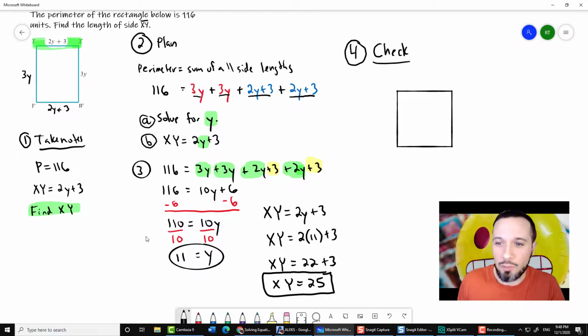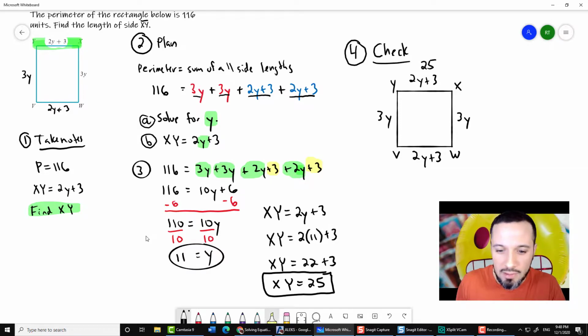So for example, we started off with this 3y. We had 2y plus 3 and then 2y plus 3. I already know that the length of xy, which is this one here, so let me just label the sides, v and w. We already know that the length of xy is 25, right?